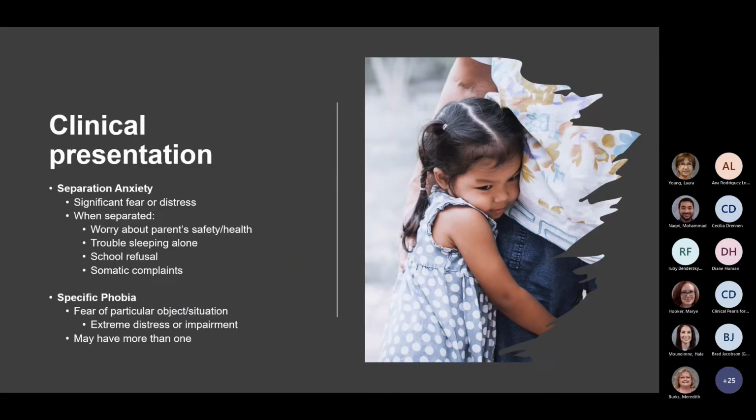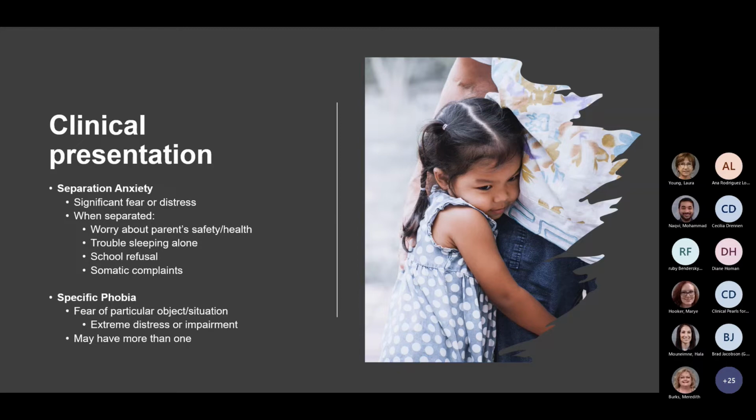So with separation anxiety, there is significant fear and distress when separating from home or from their parent or caregivers. The child may worry about the parent's safety or health when they're separated. They may have trouble sleeping alone. They may exhibit school refusal, so they don't want to go to school because they are scared of what will happen to their parents or caregivers when they are at school. And they may have somatic complaints.